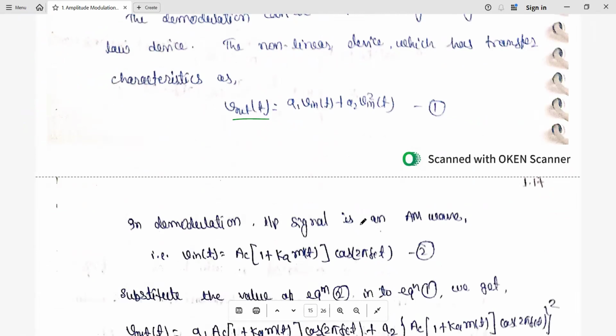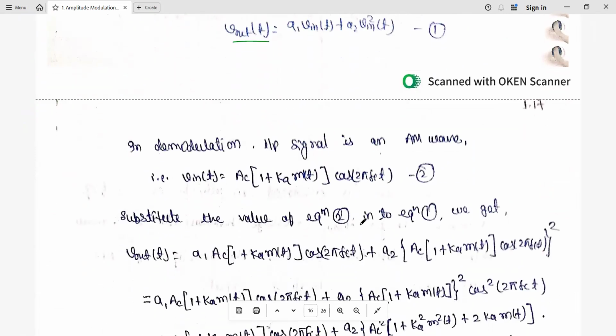Now here Vin(t) is the modulated wave which was transmitted, that is Vin = Ac[1 + ka m(t)] cos 2πfct. Now we are going to substitute this expression 2 in equation 1 and expand it. Finally we have a1 Vin plus a2 Vin whole square.